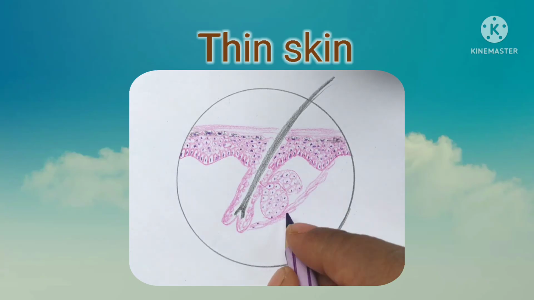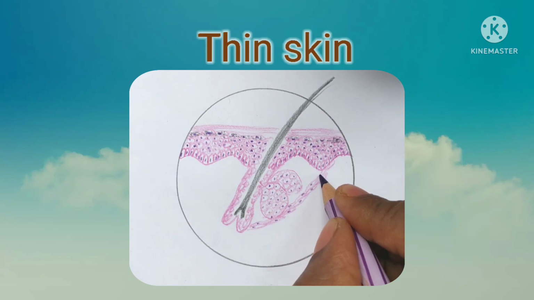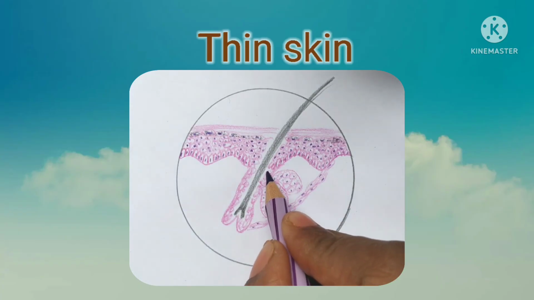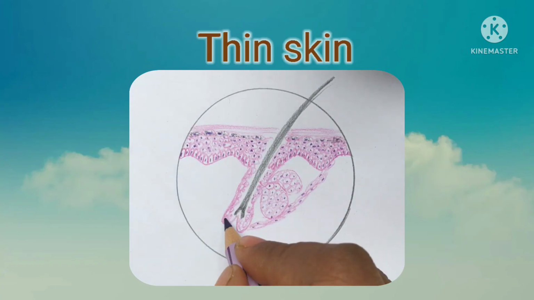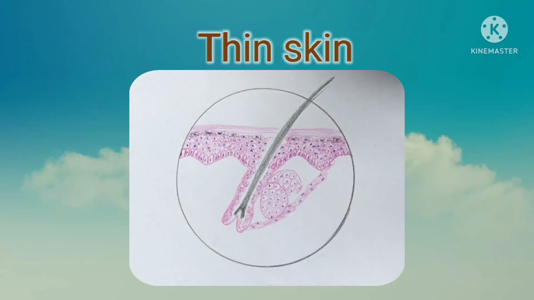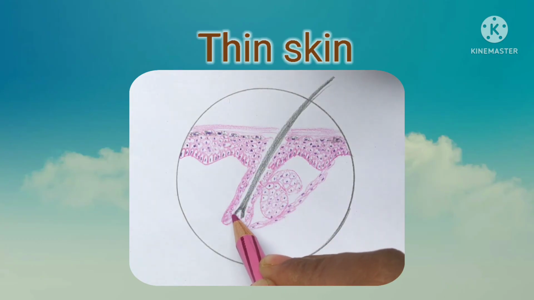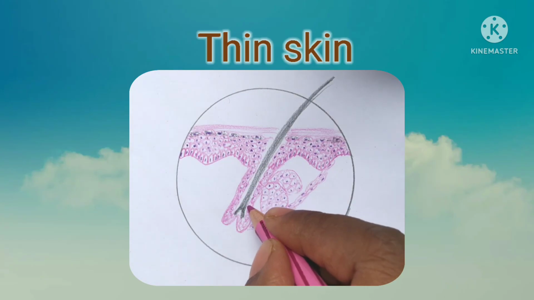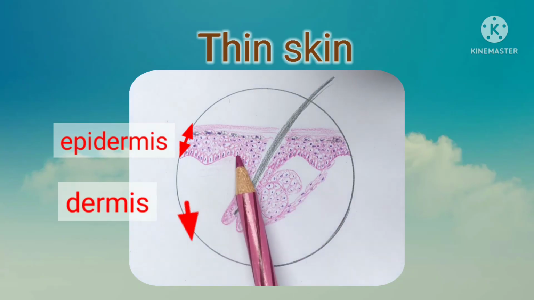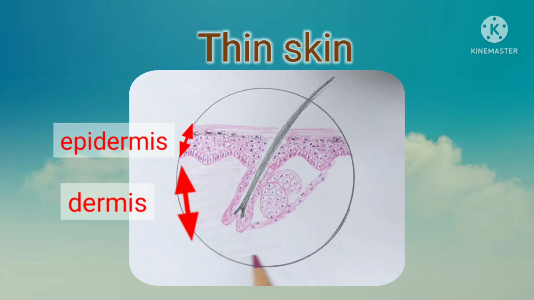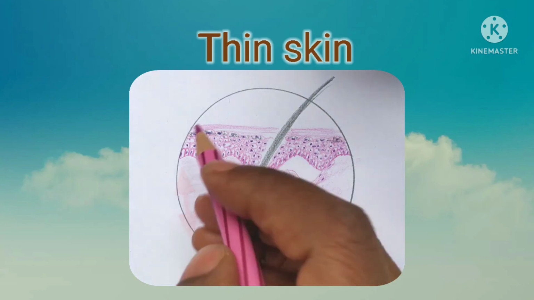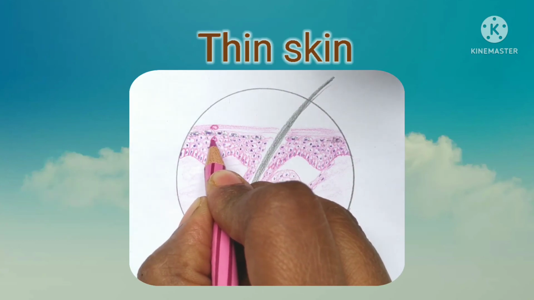Blockage of this secretion leads to pimple. We also have arrector pili muscle which connects the dermal papilla and the bulb of the hair. It is a smooth muscle, so when it contracts, it will straighten the hair, which leads to goosebumps. So the epidermal projection is the hair follicle, the root.